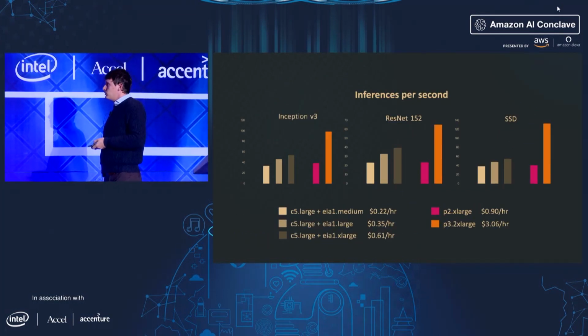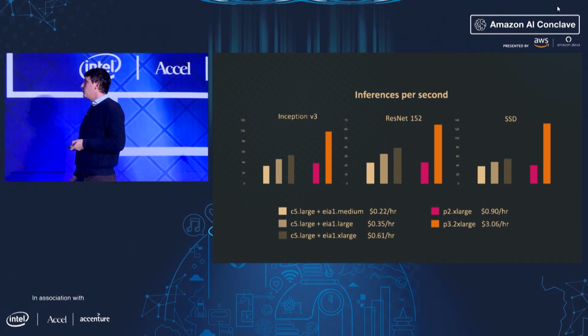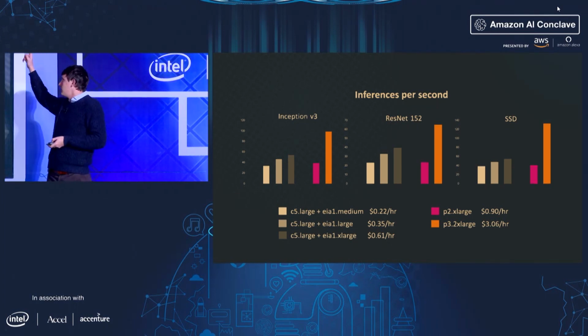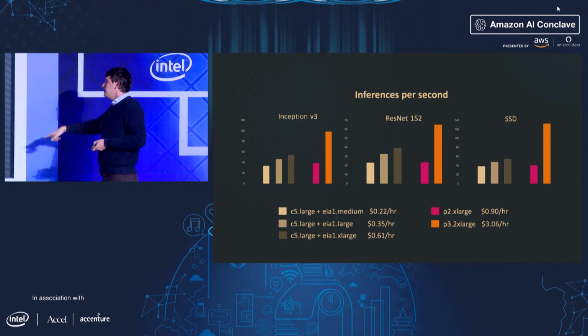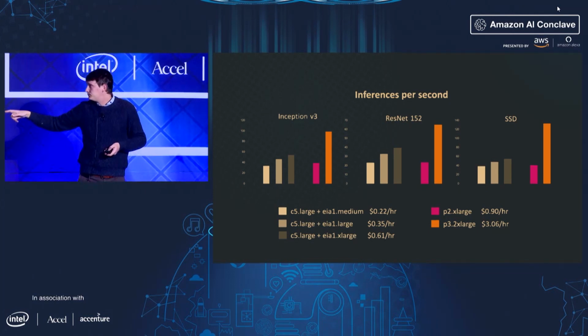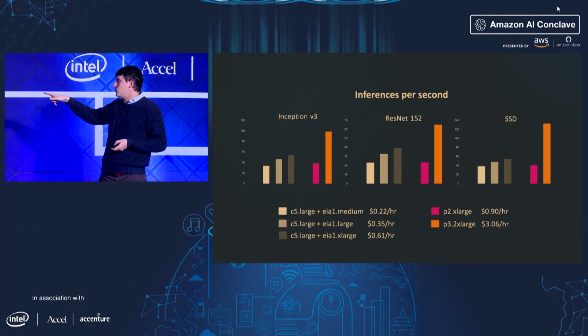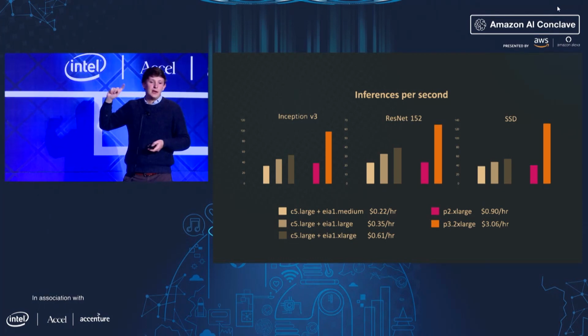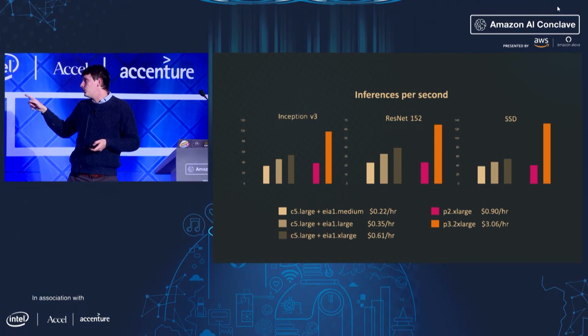So just to give you a point of comparison, here we were looking at cost versus speed. With the P2 xlarge, you're going to pay 90 cents per hour for your inference.